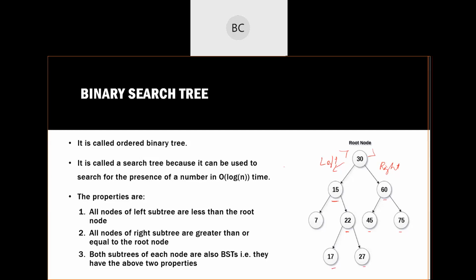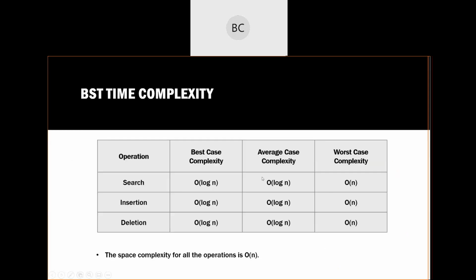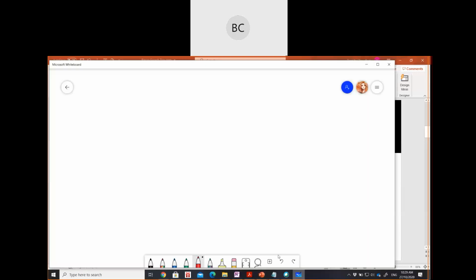Same thing in case of binary search tree, we just check with the root node. If the number is greater than the root node, we go to the right side. Otherwise, we go to the left side. Okay, complexity I'll show you later.